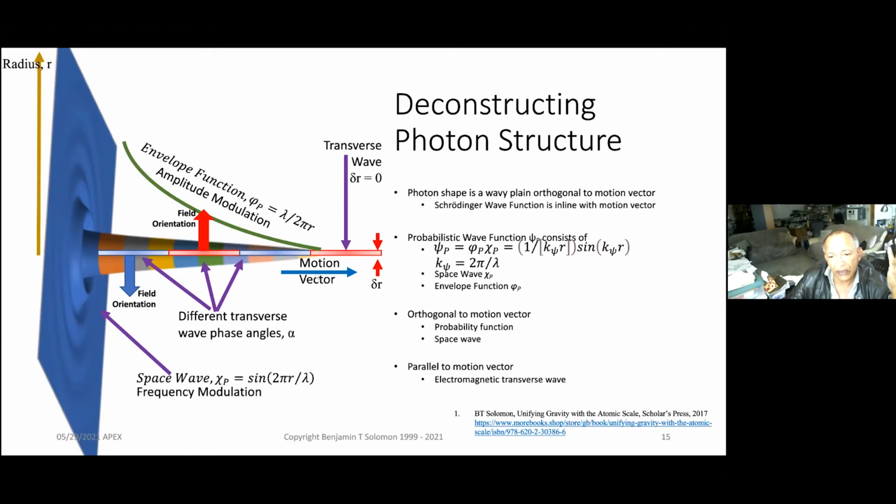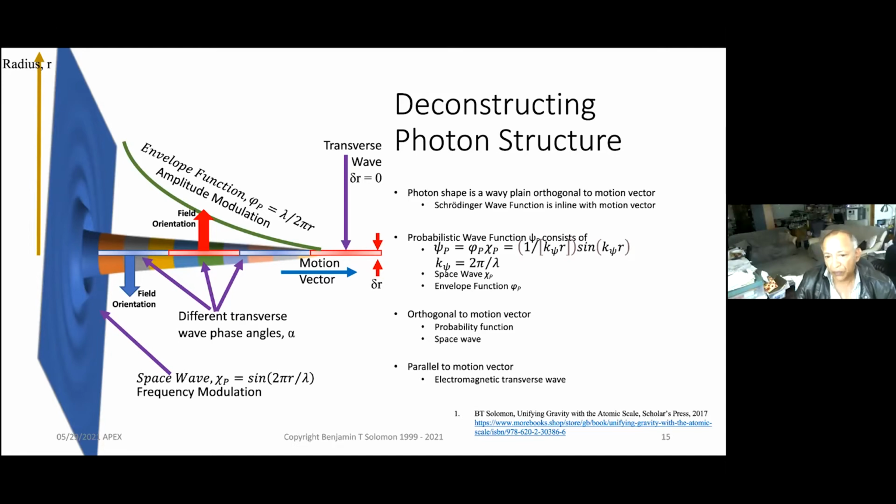Those are the 4 pieces to a photon structure, which is different from the Schrodinger wave function, because the wave function is in line with the motion vector. Now, the importance of this is, if we go back into history, Niels Bohr was asked why, when electrons orbit the nucleus, there's no synchrotron radiation. Paraphrasing from what I recall, he said that's how it is.